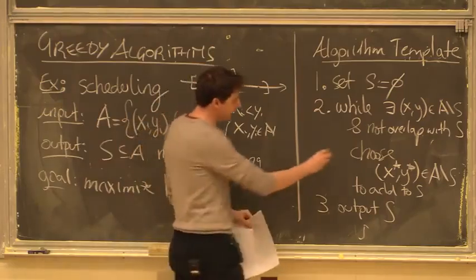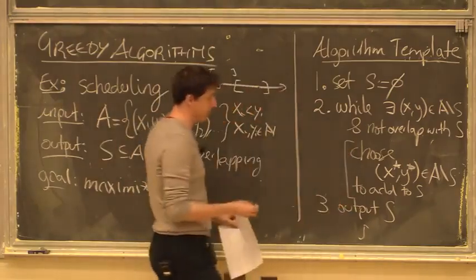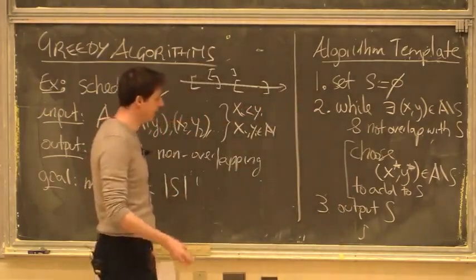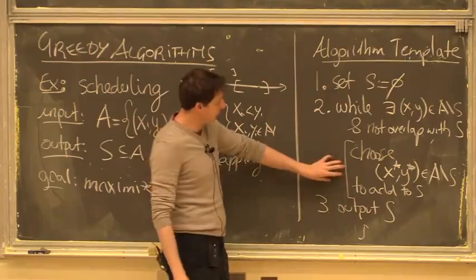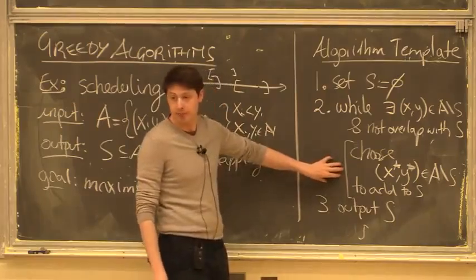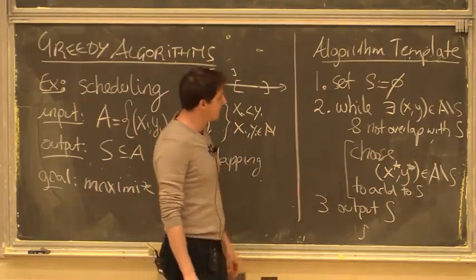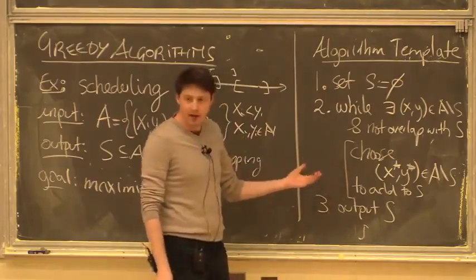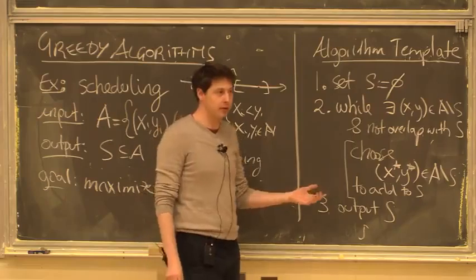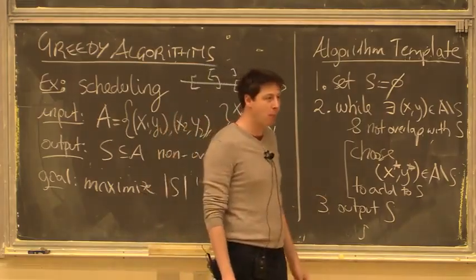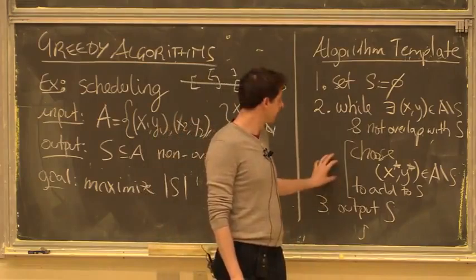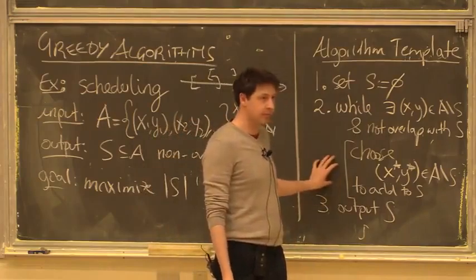And oftentimes, the magic of success or failure of a greedy algorithm is really how you make the next choice, okay? So, anybody have an idea of what could be a reasonable choice? Yes? So you sort the intervals by end time, and then you always pick the one with the closest end time.